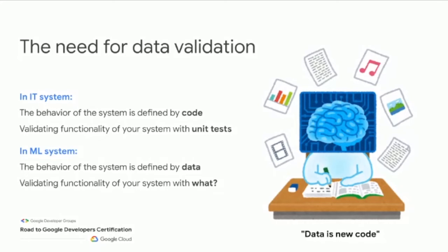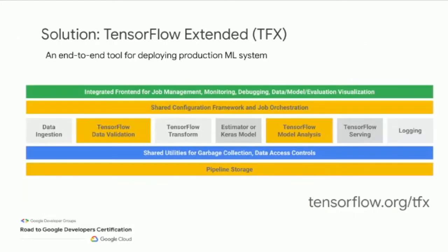So we will look at the data validation step, which is part of the machine learning pipeline. We will look at TensorFlow Extended as a solution to build this kind of pipeline. It consists of a number of different components. We have the integrated front end, where we can monitor the pipeline, job management, and debugging.